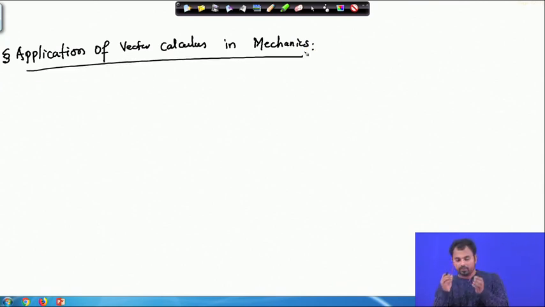So, why do we have to study the application of vector calculus in mechanics? Whenever a particle moves, it has a speed, but more precisely it has a velocity, because when it is moving, it has not only a speed but also a direction in which it is moving. Once we talk about direction, that is when the vector quantity comes in.